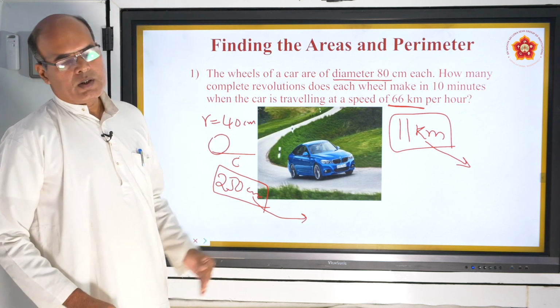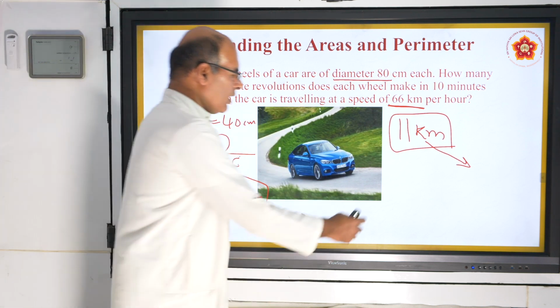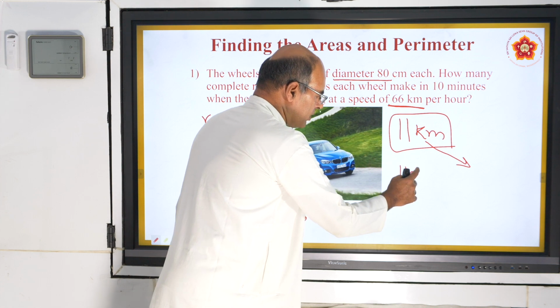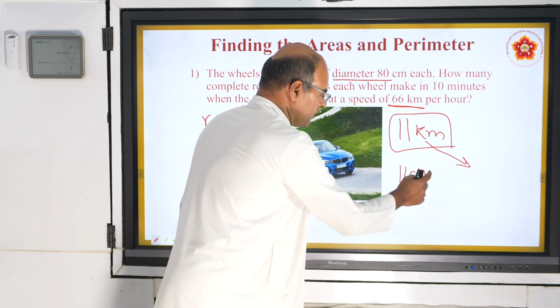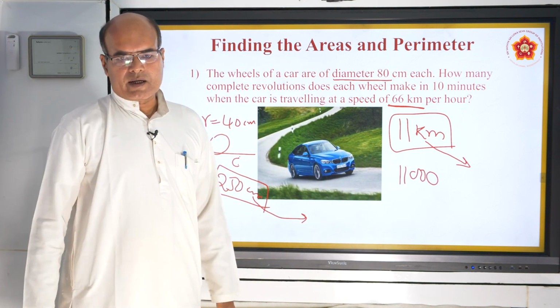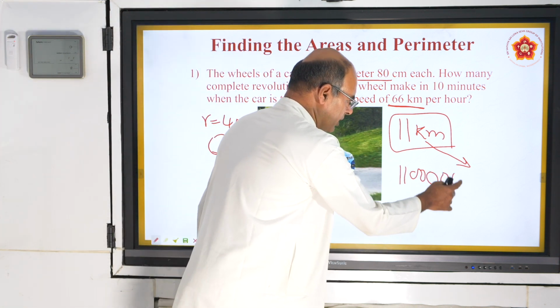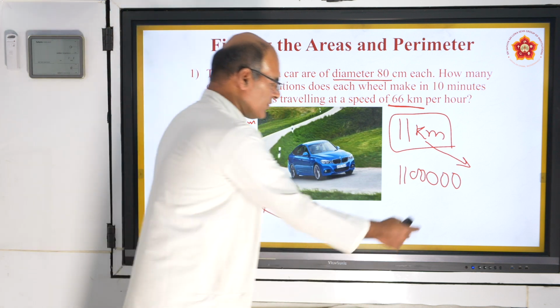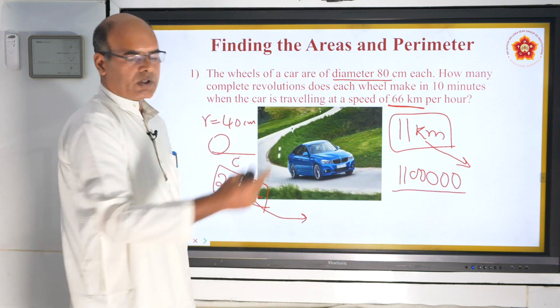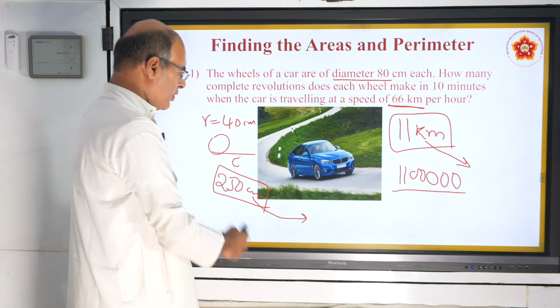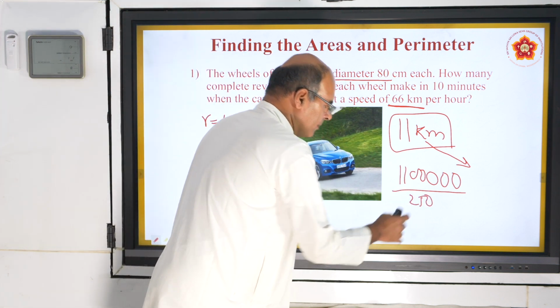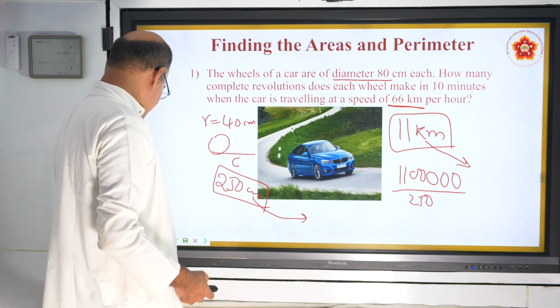We have to make them in the same units. So 11 km is nothing but 11,000 meter, and if we put two more zeros, it becomes centimeter. So this many centimeters the wheel has to cover, divided by 250 gives the number of revolutions.